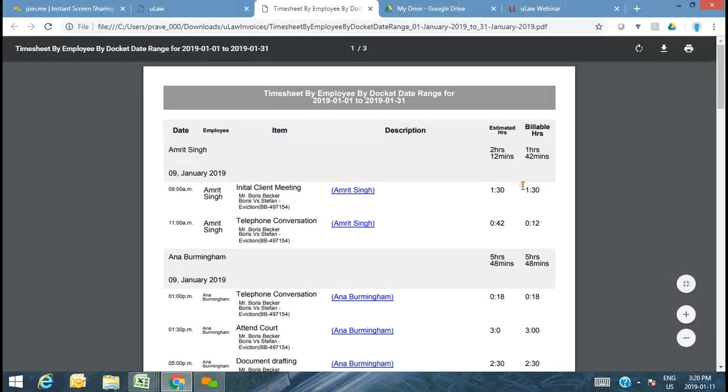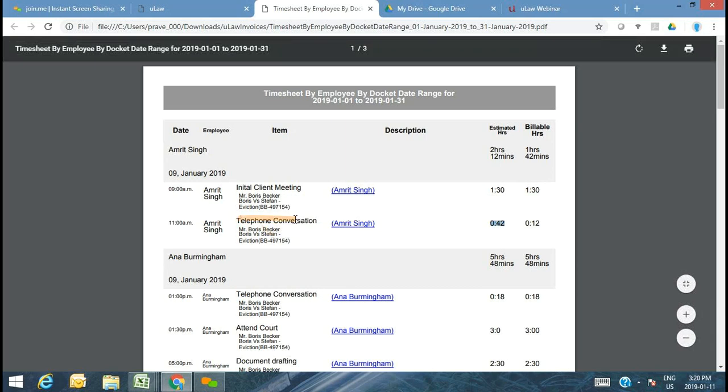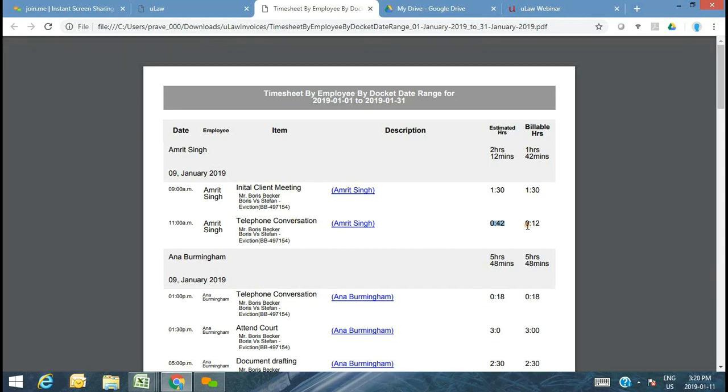Very important in the timesheet is to also provide estimated time and billable time. So estimated is really what you plan for. Billable is what really you bill the client. For example, Amrit Singh had spent 42 minutes on this particular telephone conversation, but for whatever reason, only billed the client 12 minutes. So that's 30 minutes of unbilled time.